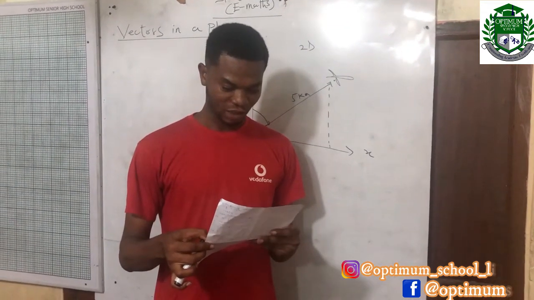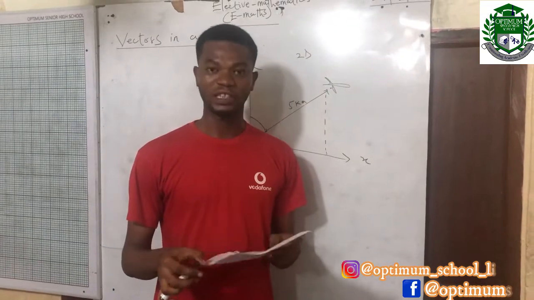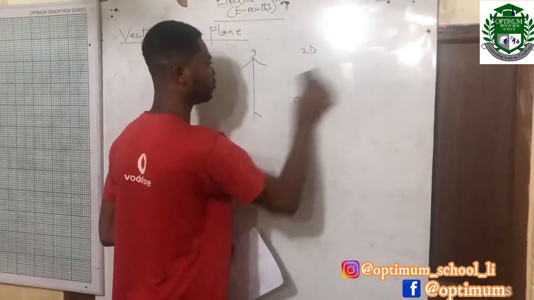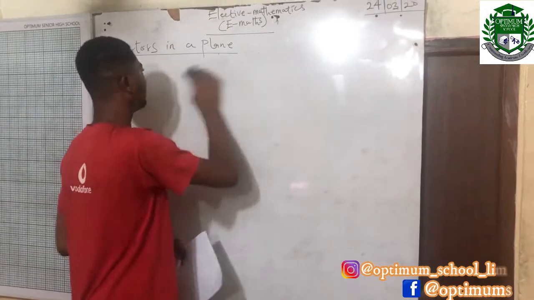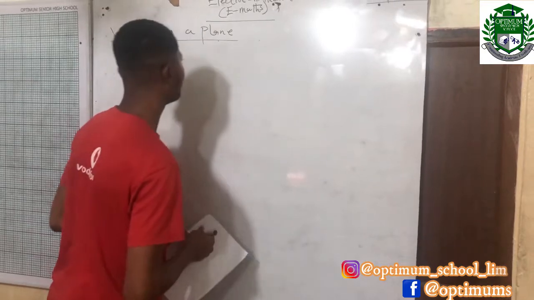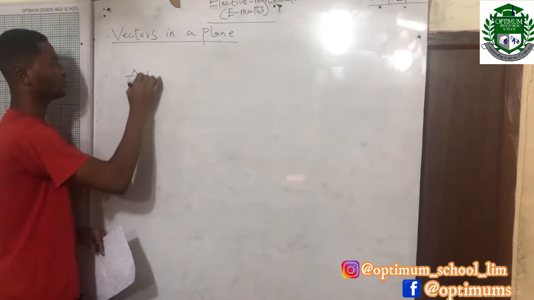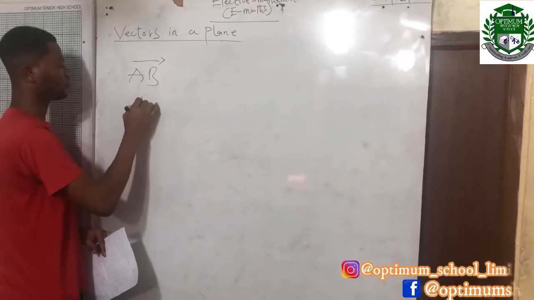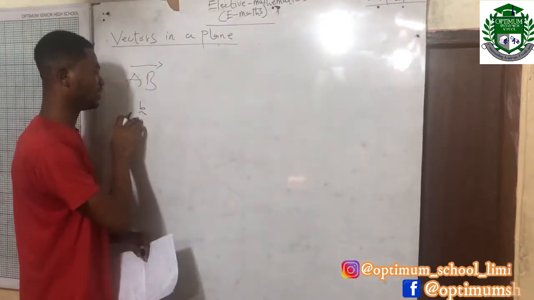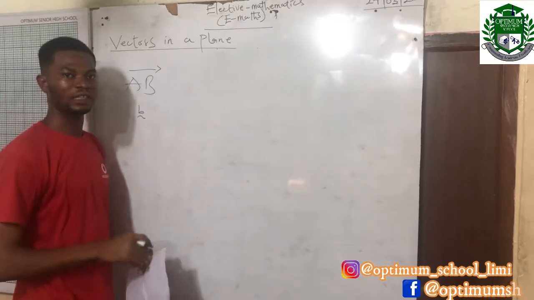Okay. Now let's look at how to represent vectors. We can represent vectors in so many ways, and we'll look at some of them. First of all, let's see. These are called block vectors, and this is called a position vector.